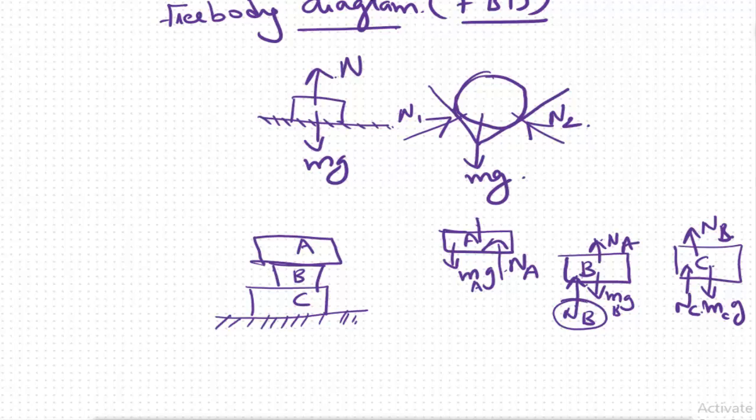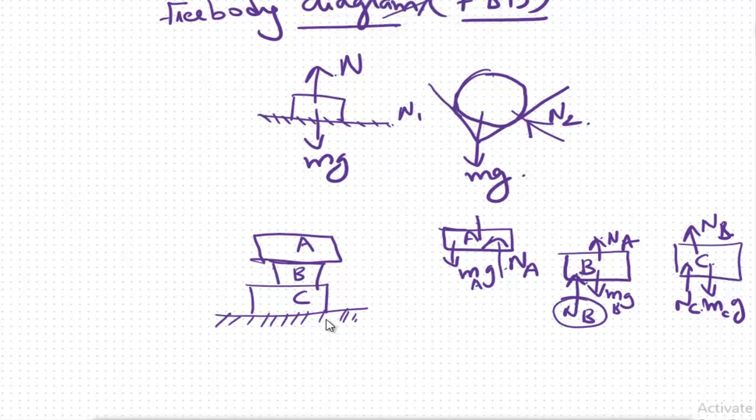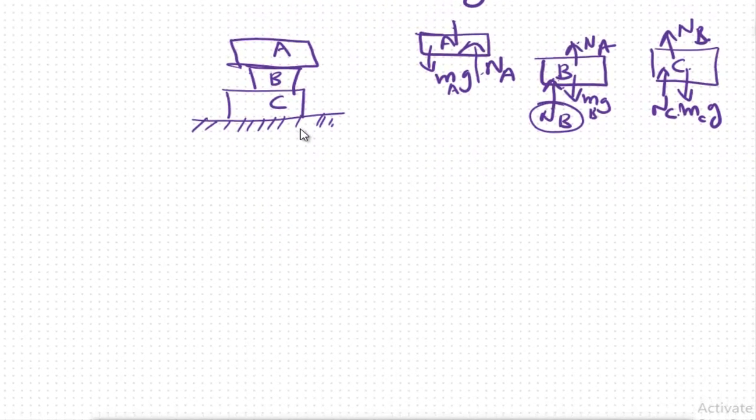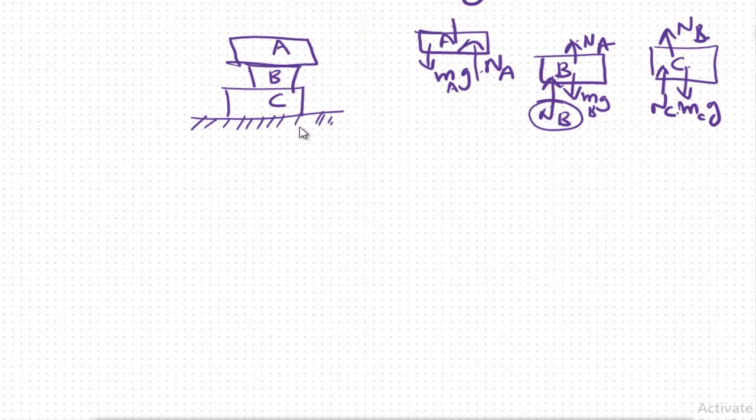Next, I am considering a block which is attached to two strings. Here one block is attached to one string from a rigid support, and another string is attached to the same block and to the other rigid support.